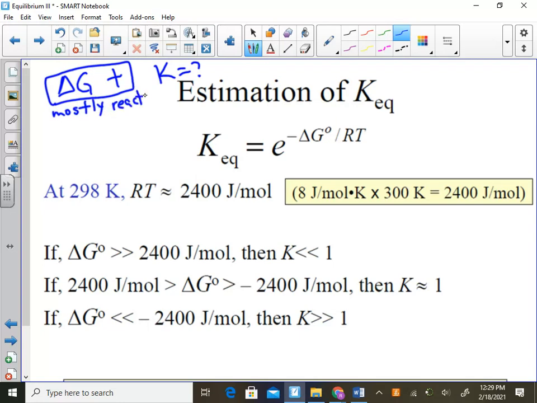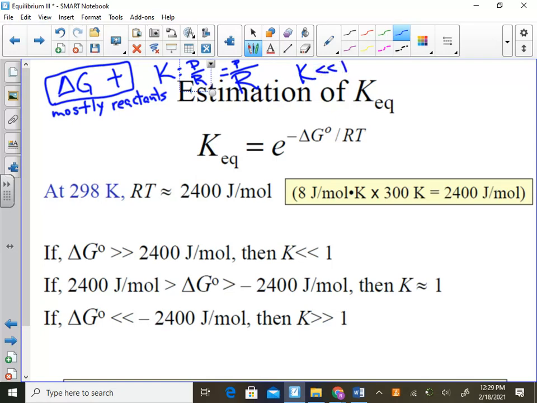Yes, it's reactant favored, and you produce hardly any products. So if K is always products over reactants, and we just said you have mostly reactants, this denominator here is a really big number. So you have a really small K. K is going to be much less than 1.